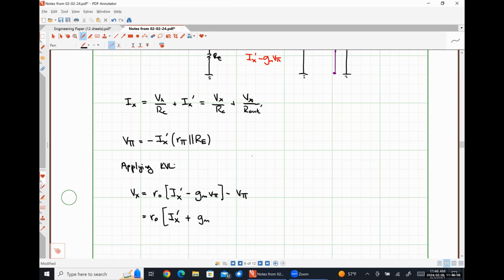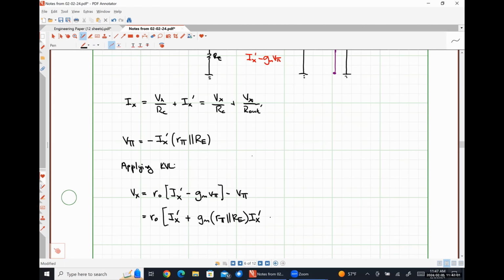It was minus originally, but I'm substituting in for V pi, so that negative is going to look like a positive. Then I'm going to have r pi in parallel with RE times Ix prime.